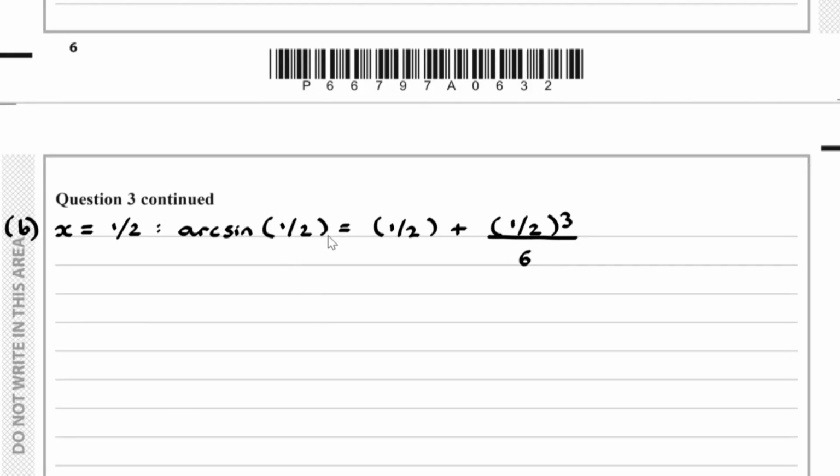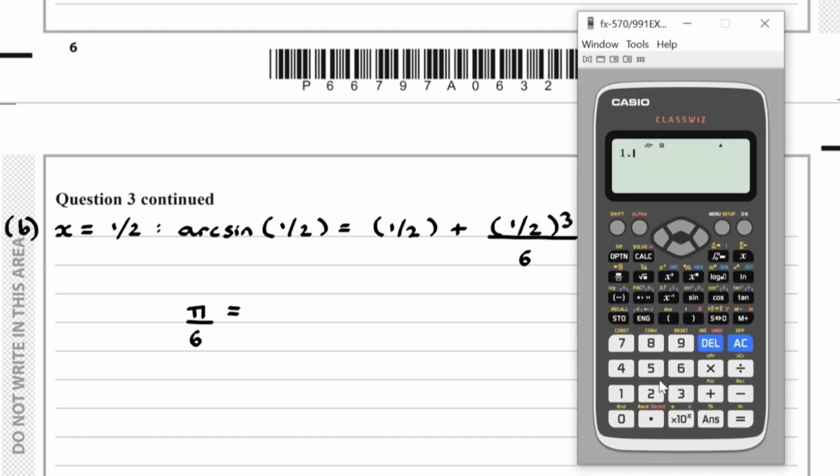And so the arcsine of 1/2, that's pi over 6. So we have pi over 6 equals, and here, if I substitute in 1/2 into the right hand side, we have 1/2 plus 1/2 cubed over 6, which is 25 over 48.